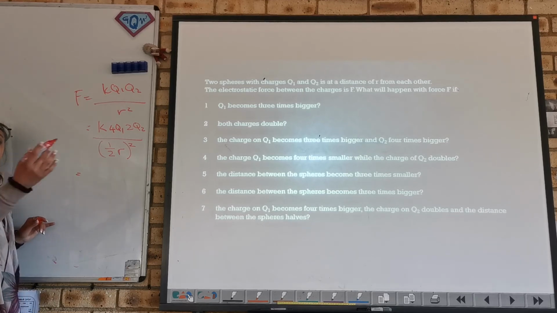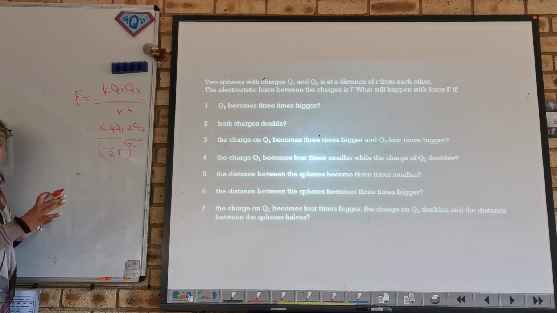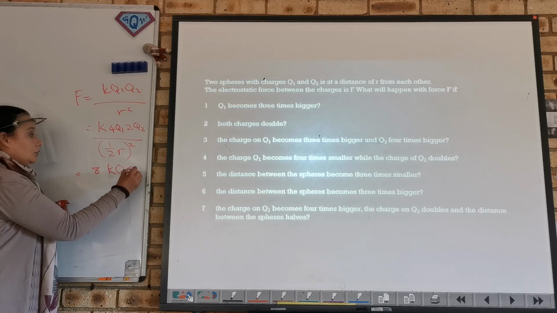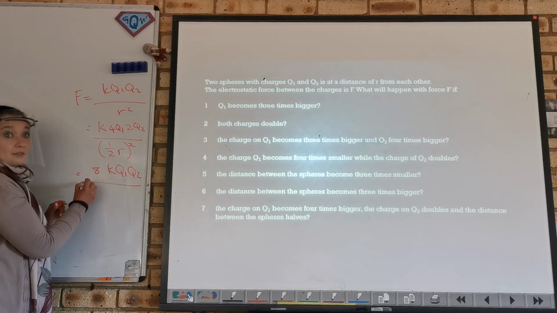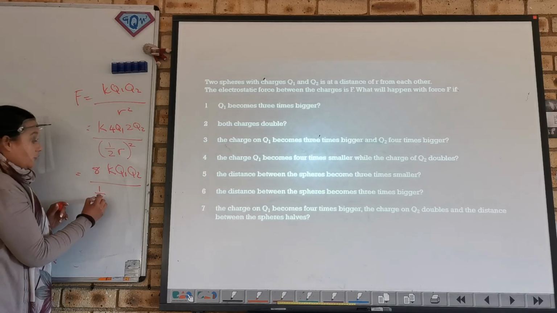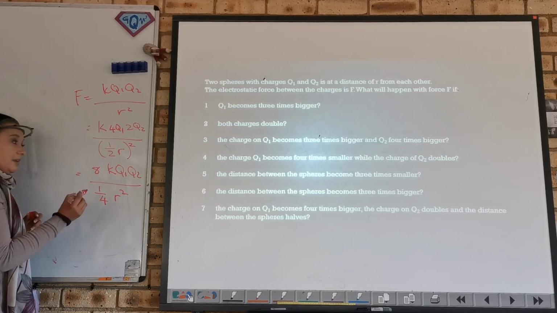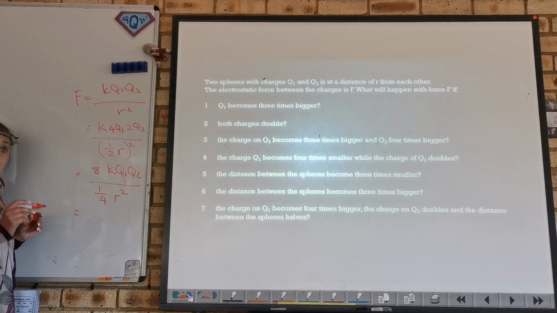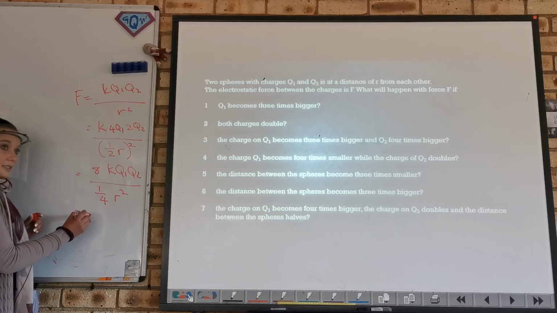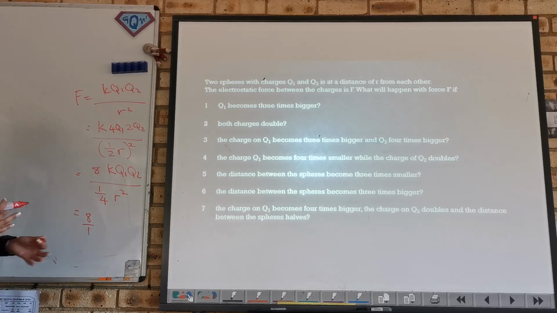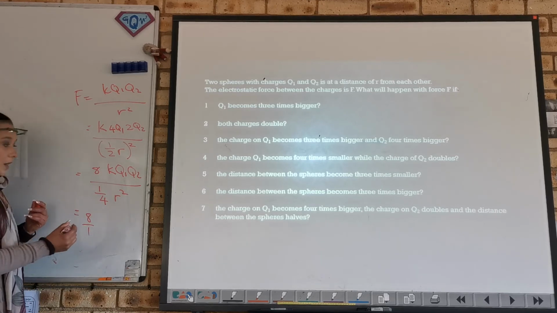Alright, now I'm going to bring all the numbers to the front so I can get a whole idea of what's happening. That means I have 8 k q1 q2 over 1 over 4 r squared. Do you agree? I'm now going to do that tip and times thing. Are you ready for it? I have 8 over 1. I'm writing it like that because I'm going to need to use something fraction-wise.